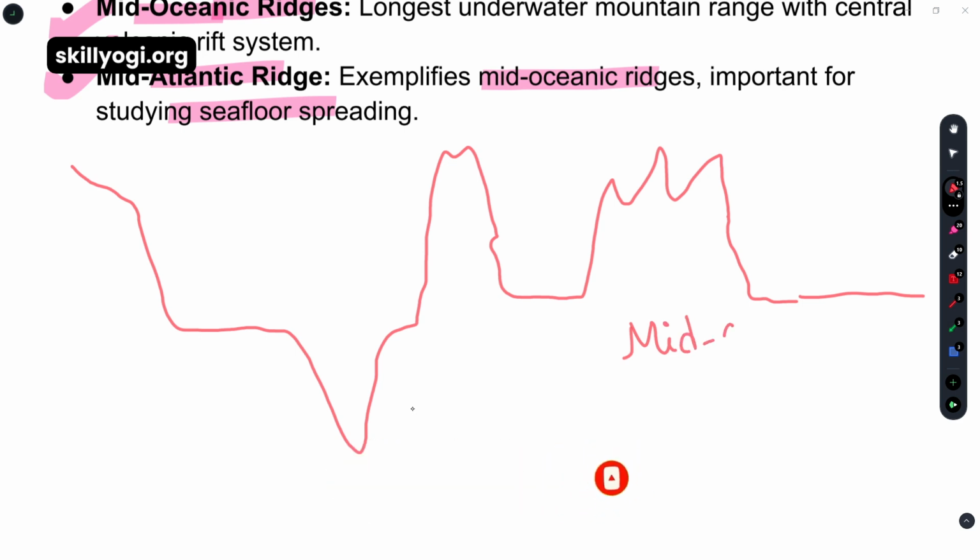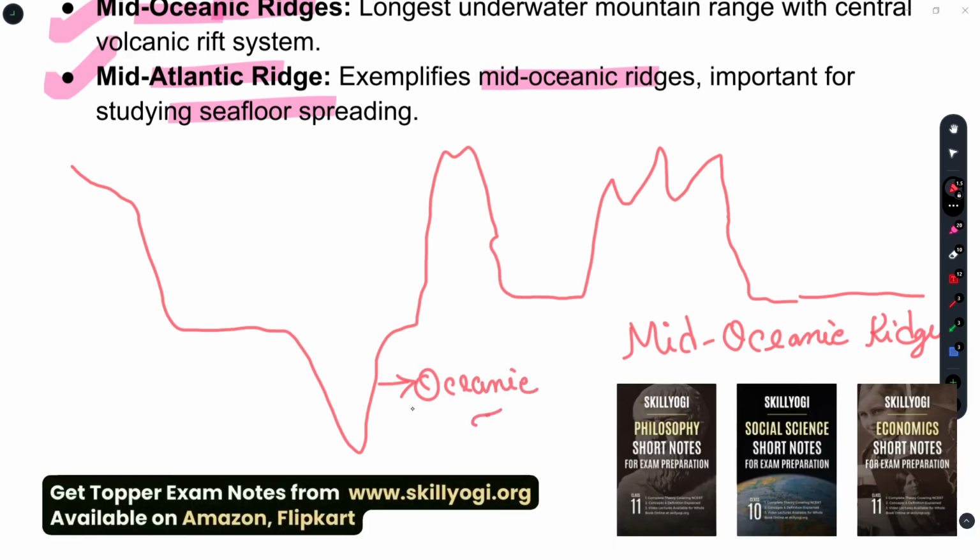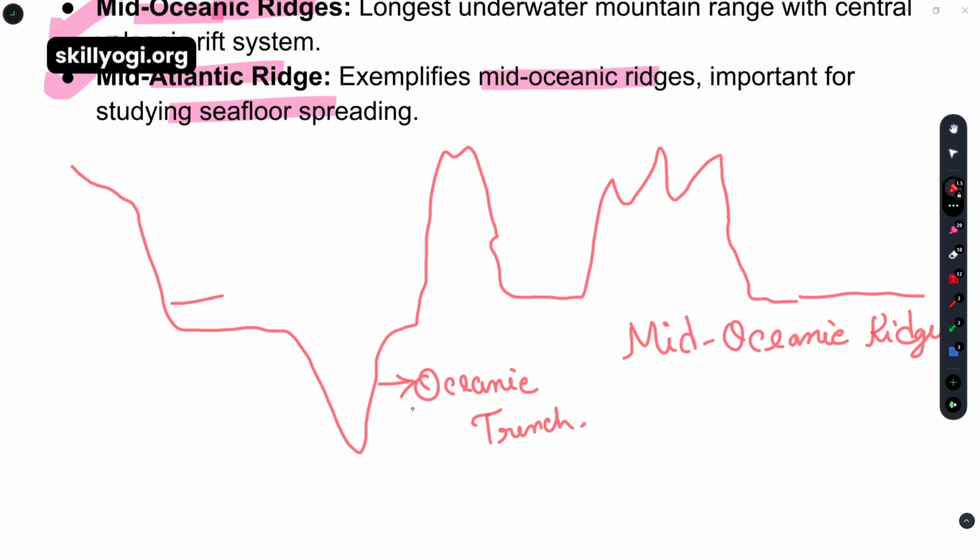All of you can note down this mid-oceanic ridge. This is the oceanic trench. This place is called the abyssal plain. You can see this is a plain land. It's called the abyssal plain.